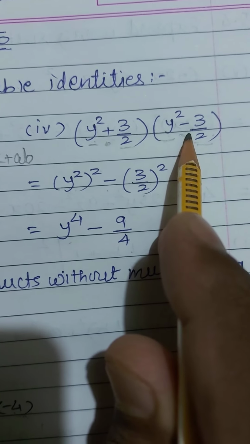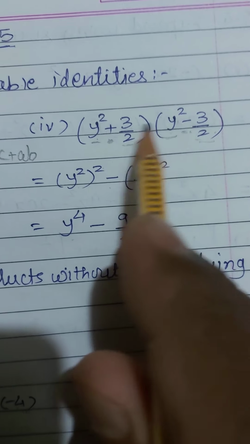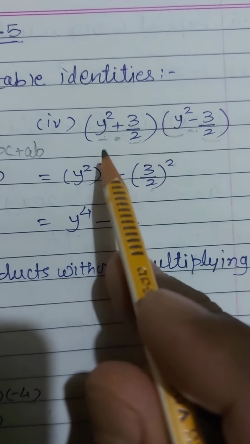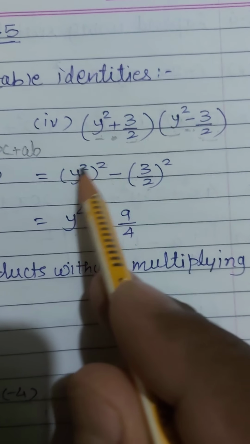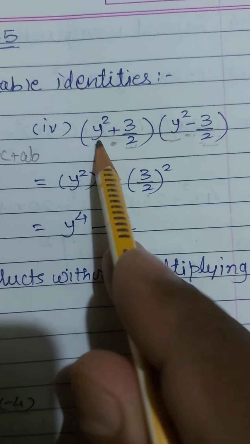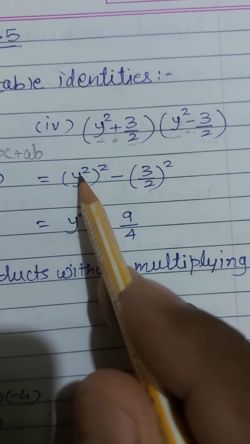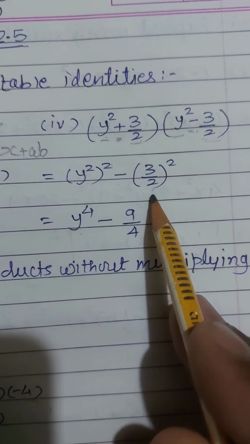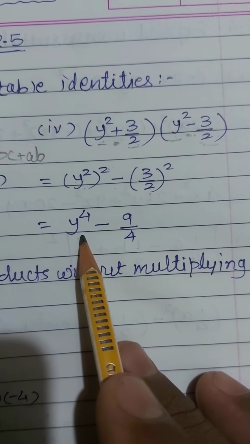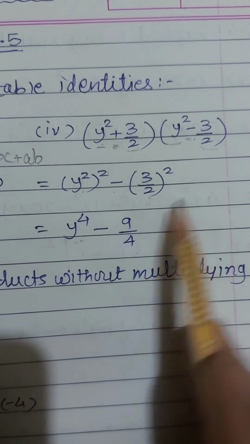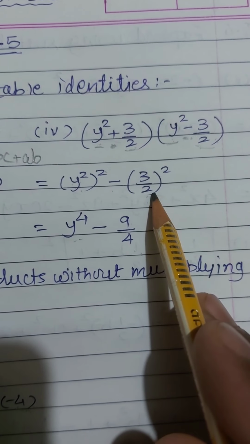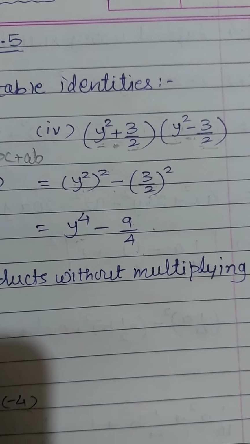So which identity are we going to utilize here? (a + b)(a − b), that is square of the first term minus square of the second. First term is y², so square of y² minus square of 3/2. So this becomes y⁴ − 9/4, that is the square of 3/2. Right? So this is the solution.